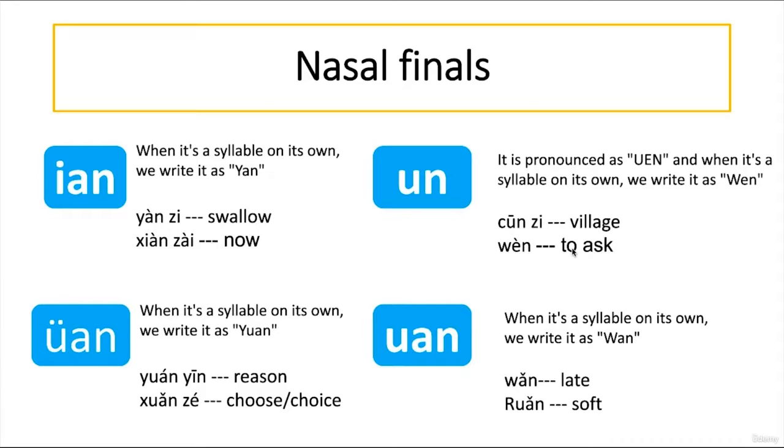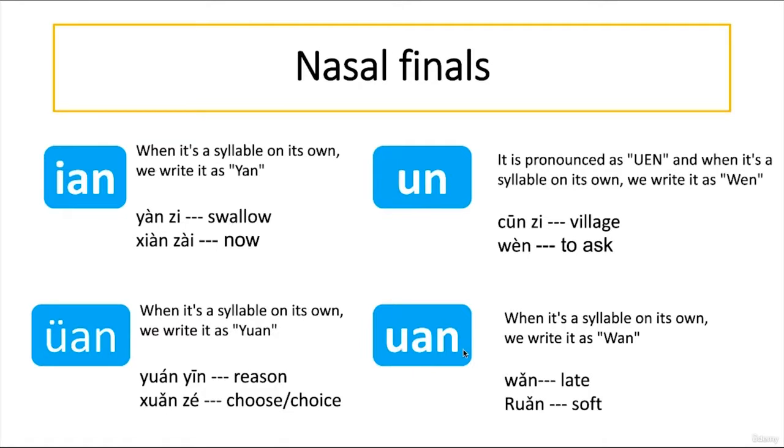Next one, 冤. When it's on its own, we write it as yuan. For example, 原因 means reason. 选择 means choose or choice.